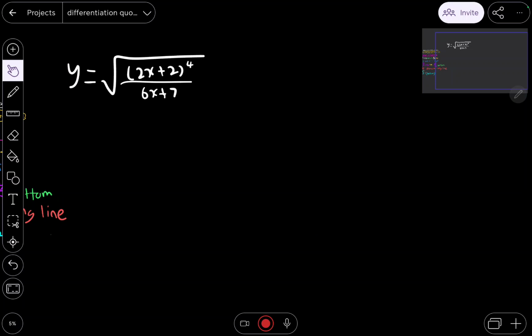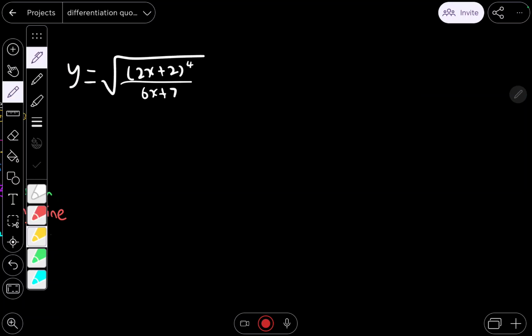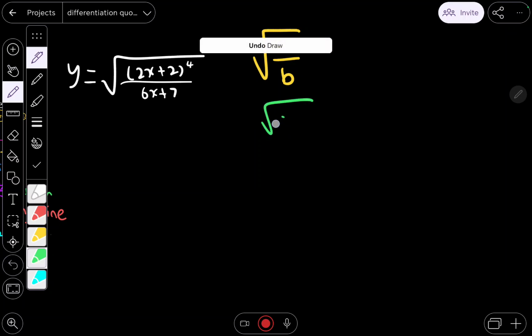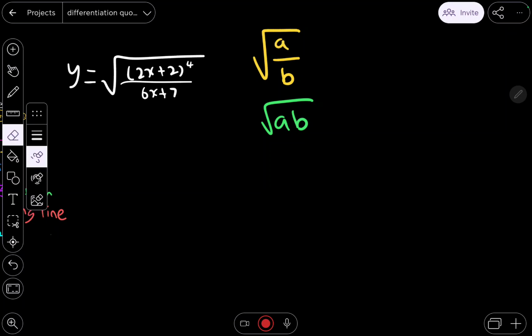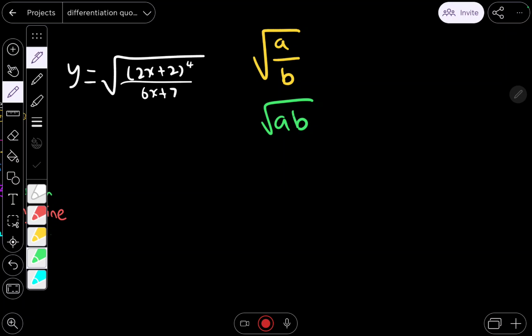So in surds or in indices, you have seen this before, square root of a over b, the whole thing, or you have seen this one in green, square root of ab. So what do we know about these rules?